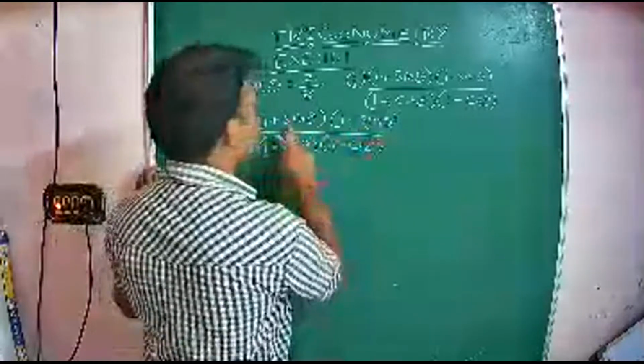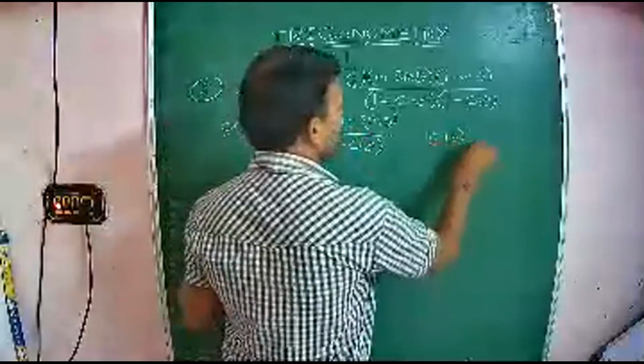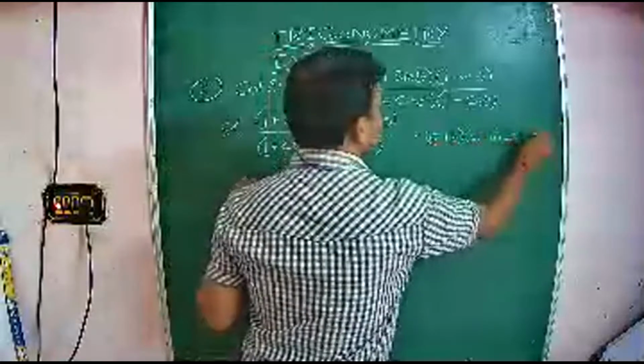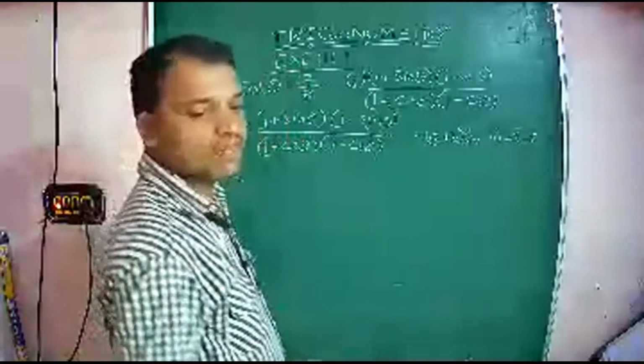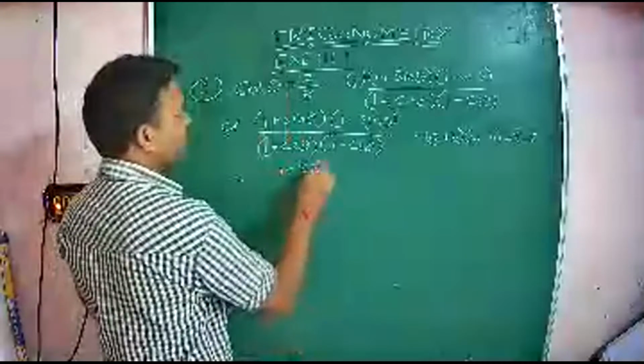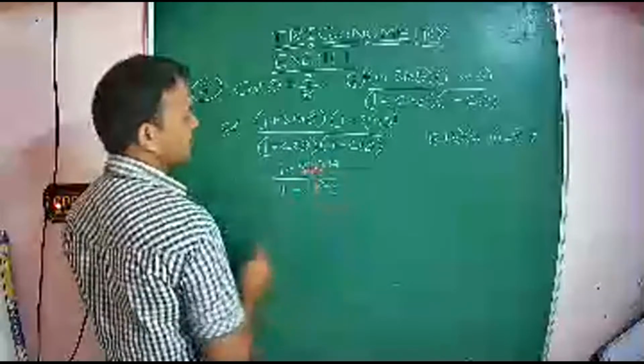Observe that the numerator is in the form of a plus b into a minus b, which equals a square minus b square. So simply here, 1 minus sin square theta by 1 minus cos square theta in the denominator.